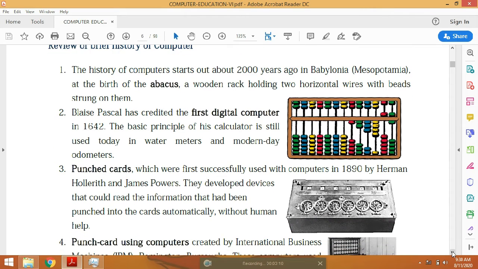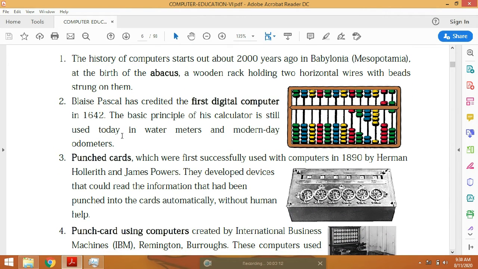Then we have punch cards. Some memory and some instructions are stored in the punch cards, and according to that the computer will operate and provide the results. It was successfully used with computers in 1890 by Herman Hollerith and James Powers.